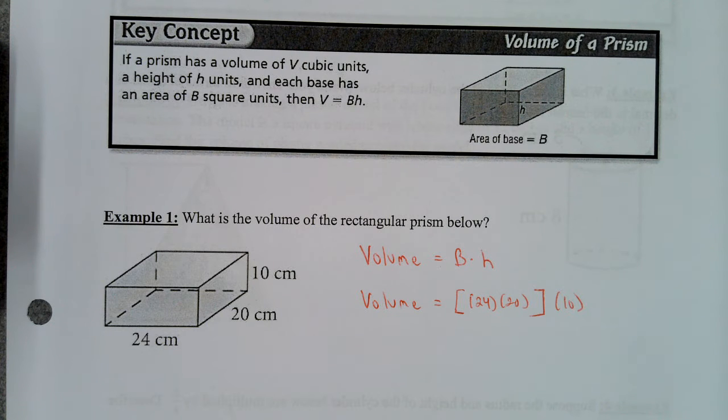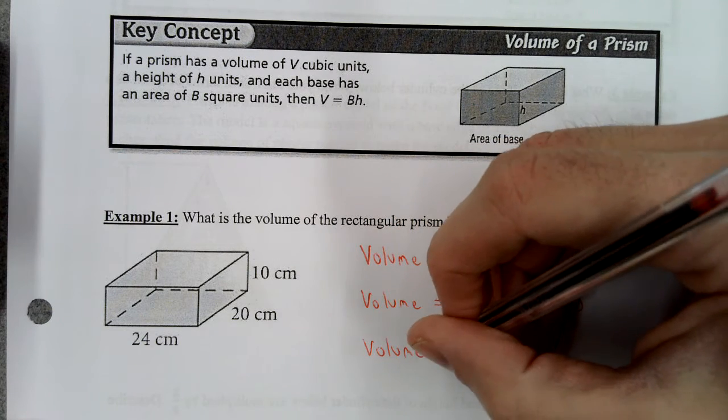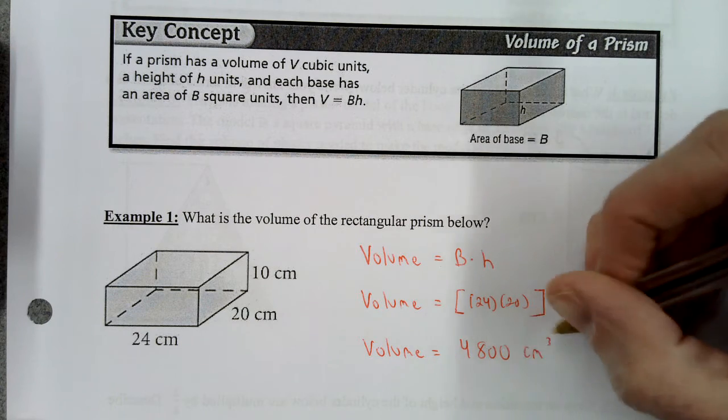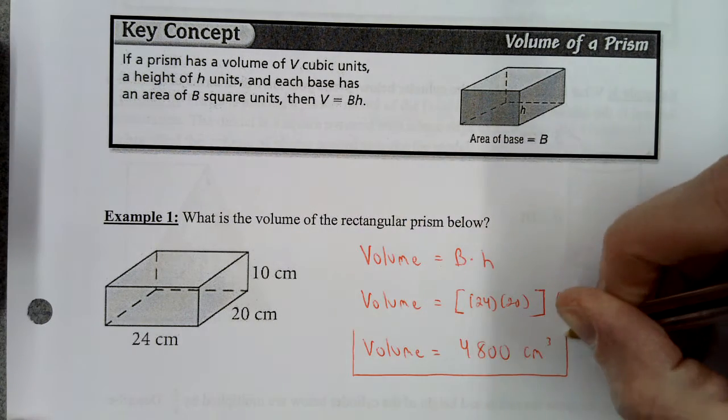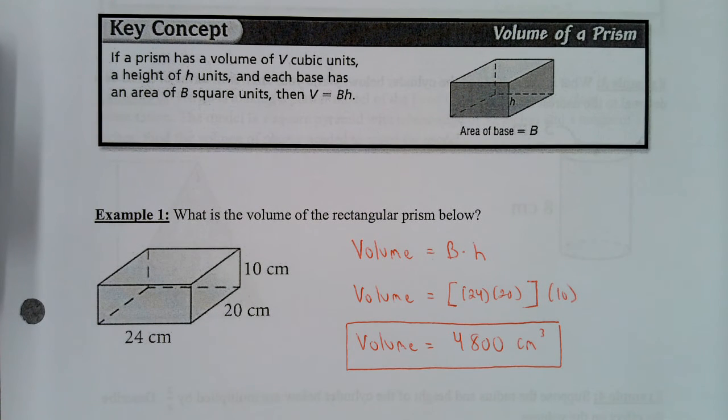When you multiply all those numbers together, you get 4,800 centimeters cubed, because we're talking in 3 dimensions now. So you do the formula for the area of the base times whatever the height is. So that was an easy one.